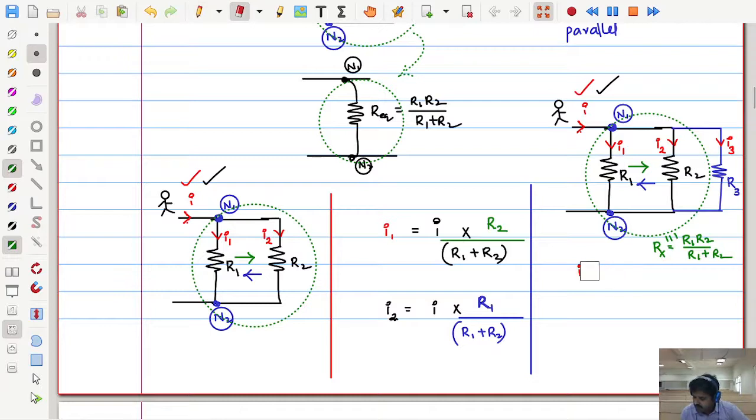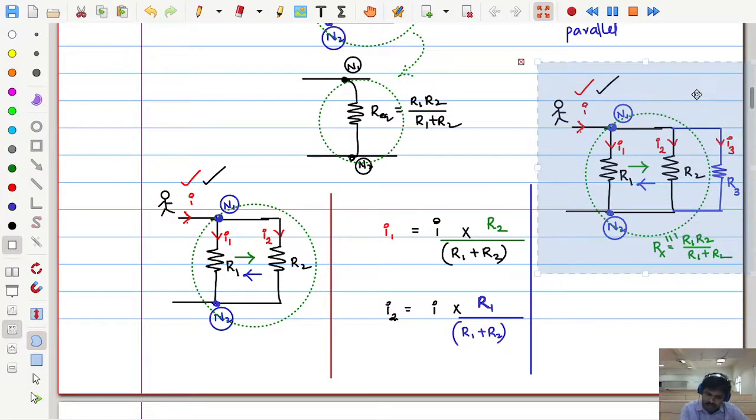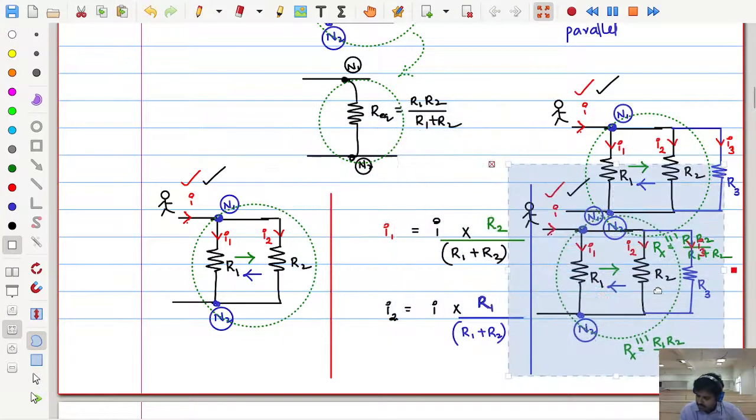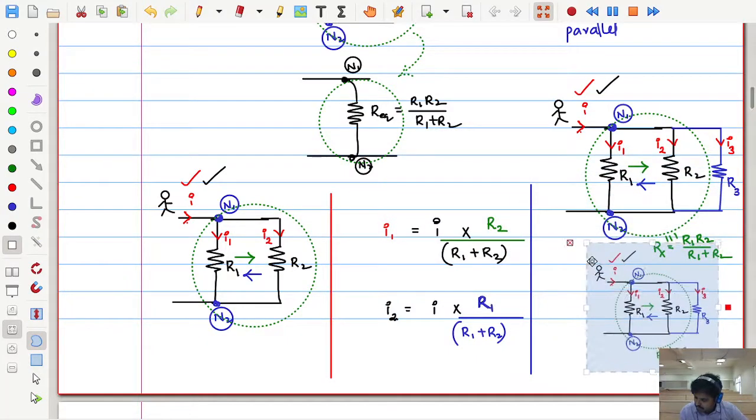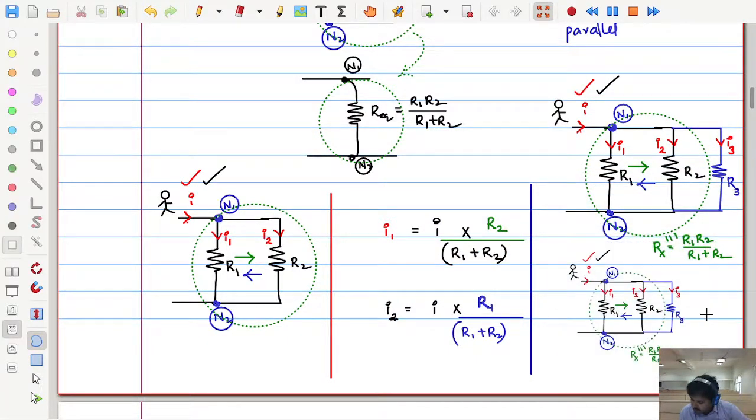Now, just for the sake of understanding, can I assume that these two resistors can be replaced for a moment with one resistor whose strength is equal to Rx? How much is Rx? You can see, it is R1 into R2 by R1 plus R2.